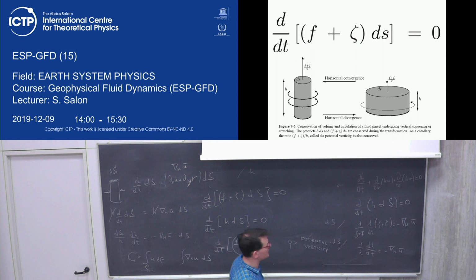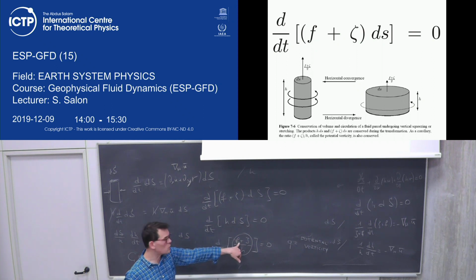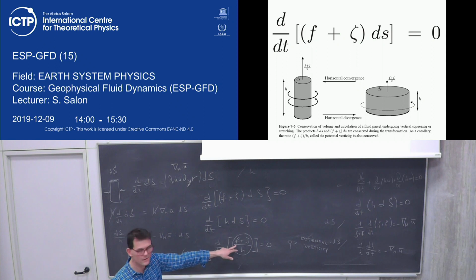That is very important because without the ambient vorticity, so in normal fluid dynamics, you will have only zeta. In GFD, you have also the effect of f. So if we are over an f plane where f, of course, is constant, we will have only zeta over h.